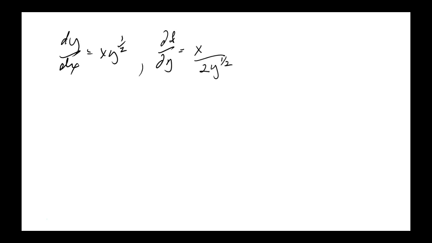And it says there are two solutions whose graphs pass through 0, 0. Now that, no. The partial with respect to x does not pass through 0, 0 because y can't be 0.